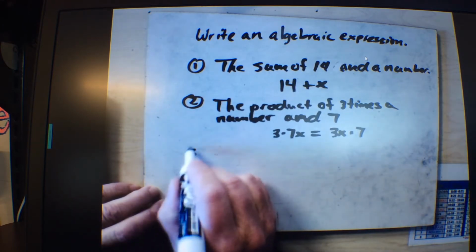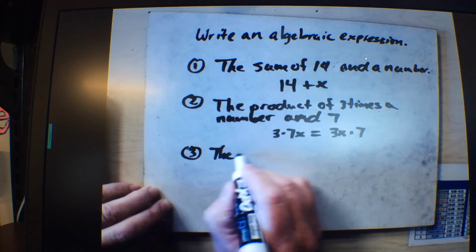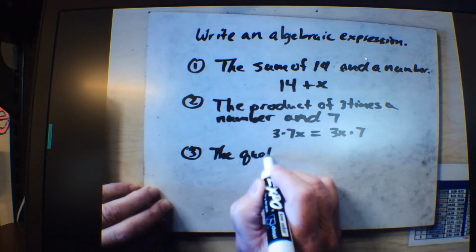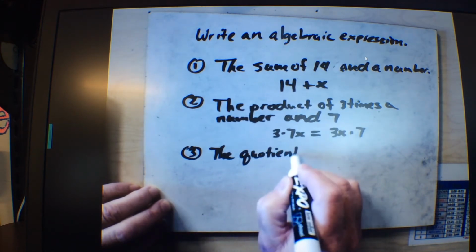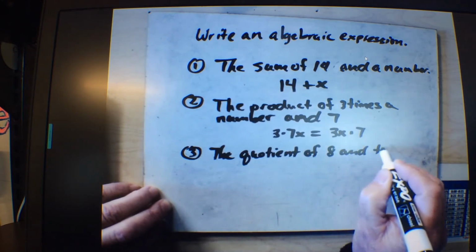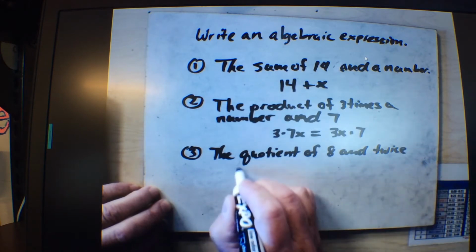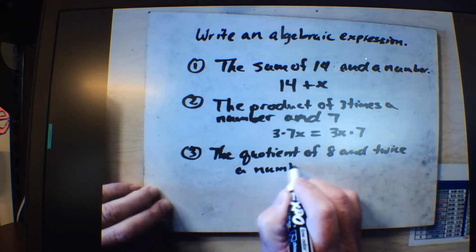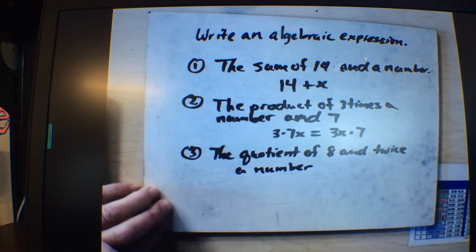All right. The quotient of 8 and twice a number. The quotient of 8 and twice a number. Tater, how do you do that?